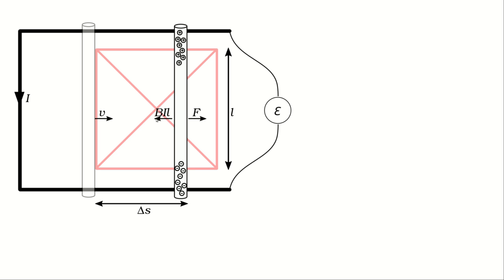And we know from previous lessons that the force on a wire carrying a current in a magnetic field is BIL, and it has to be in the opposite direction according to Lenz's law, because if it wasn't, then it would accelerate and increase its acceleration because the force would increase, and so on. So the force due to the current has to oppose the force that created the motion, and if those two are balanced, then it will move at constant velocity v.